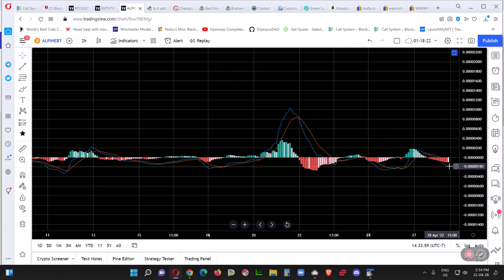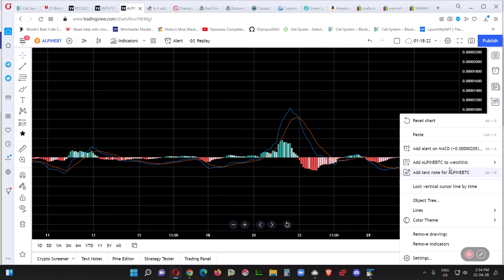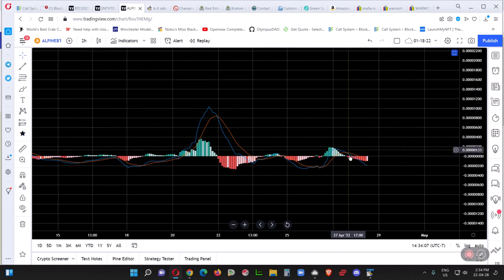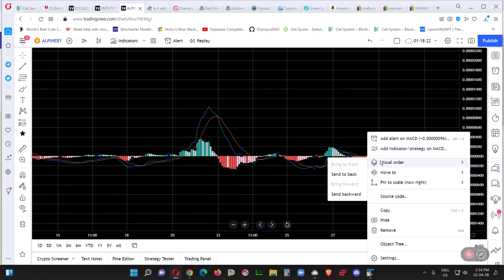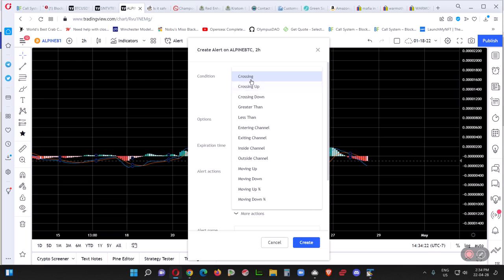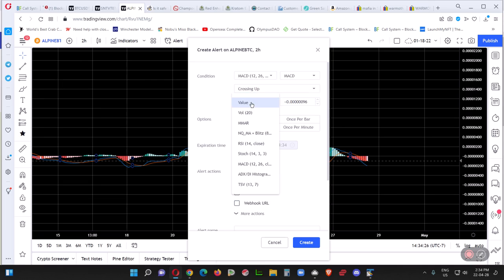So basically you right click on the end of this, on the blue line, go to settings, and nope, it didn't work that time. Let's try one more time. Right click on the blue line, very end. There we go. Add alert on MACD. So the condition, MACD, not histogram, MACD line, crossing up, value, back to MACD.